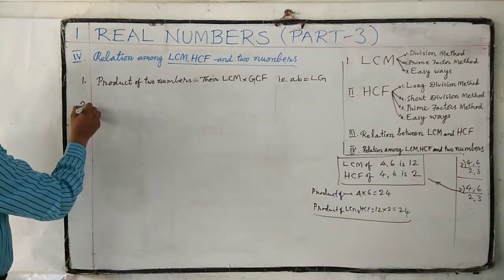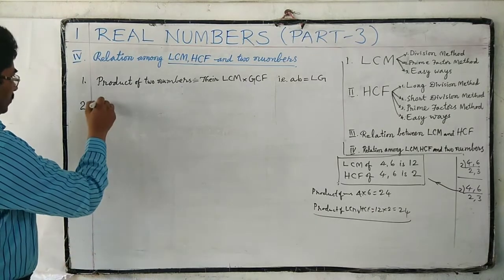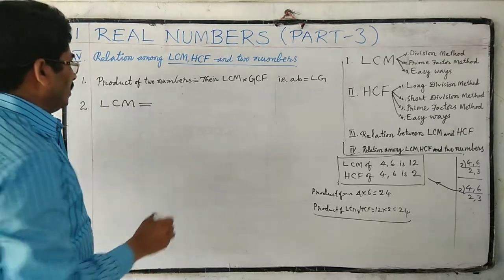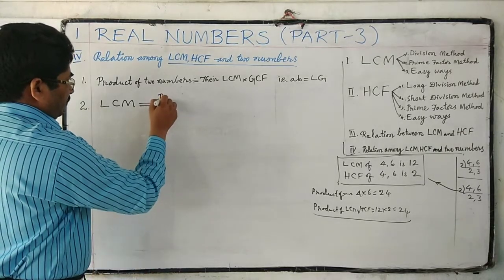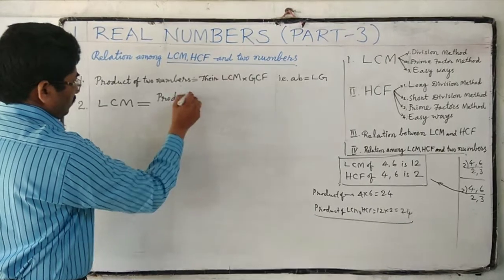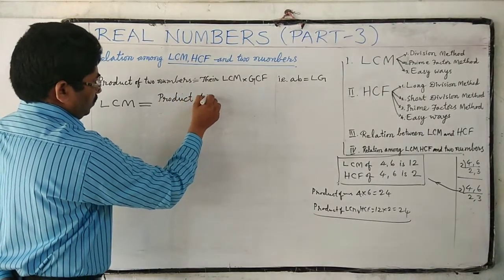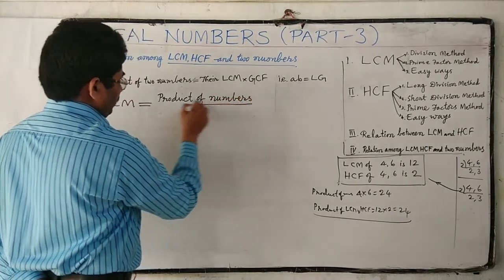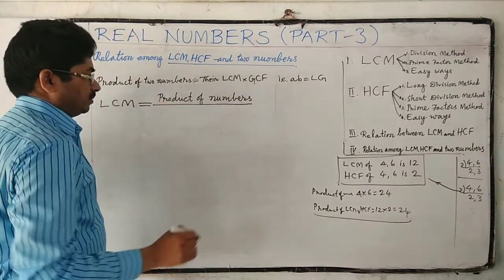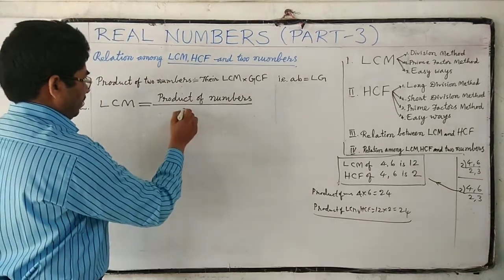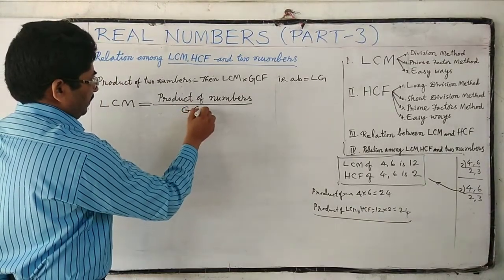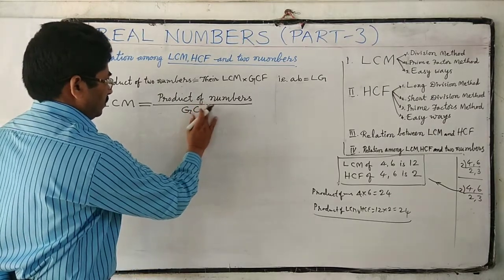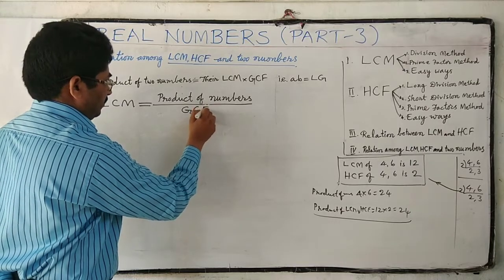Next, second: LCM is equal to product of the two numbers by GCD or GCF.